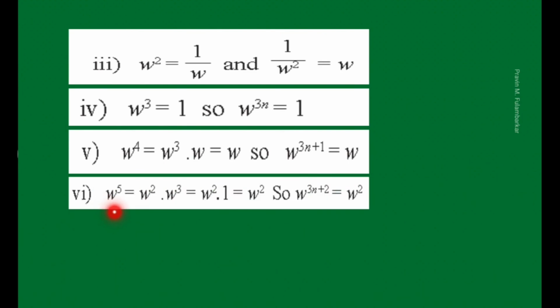The same concept we use here: omega raised to the power 5 can be written as omega square into omega cube. This omega square we keep as it is, and omega cube we replace by 1. So omega square into 1 we write omega square. So we write this omega raised to the power 3n plus 2 as always omega square.